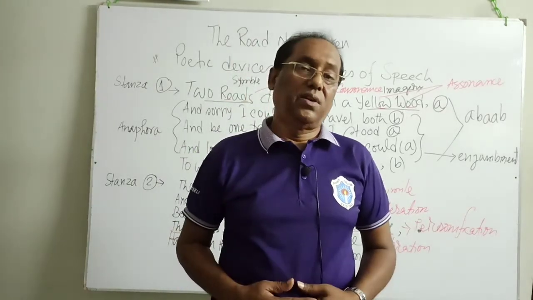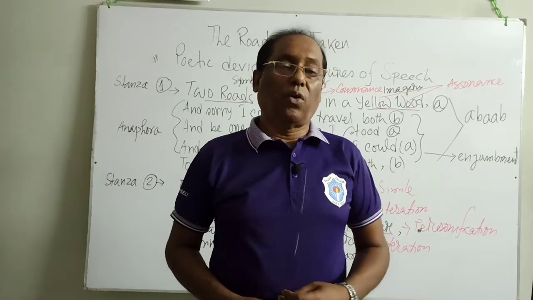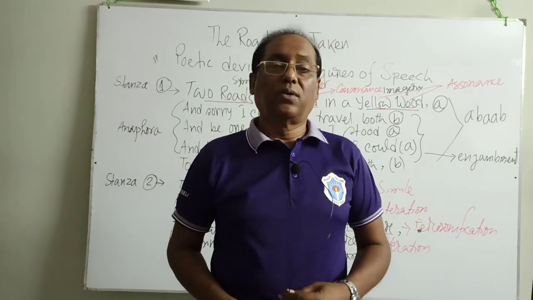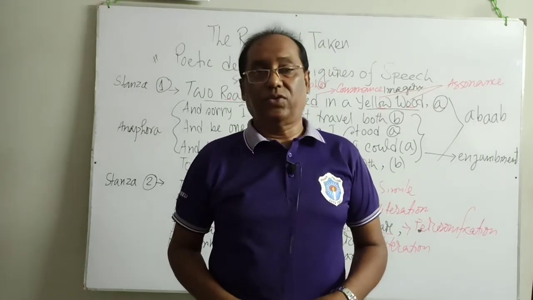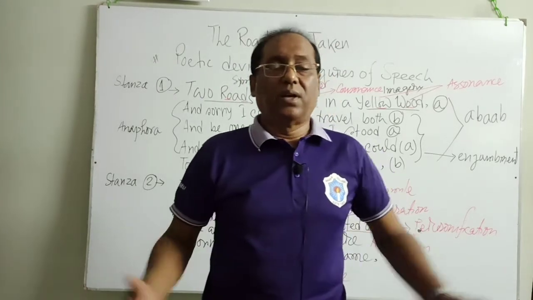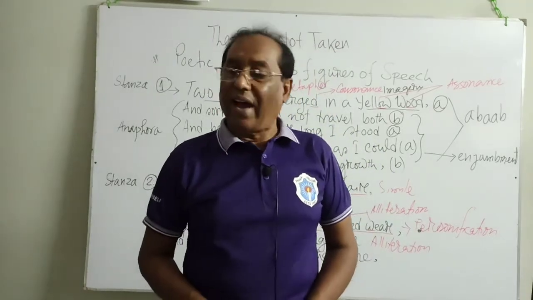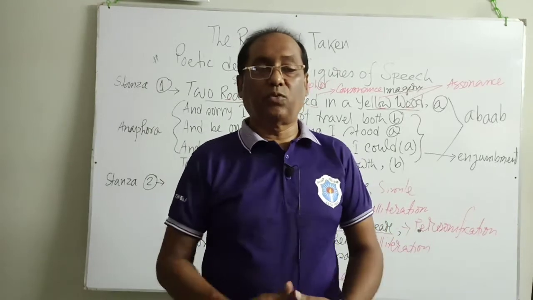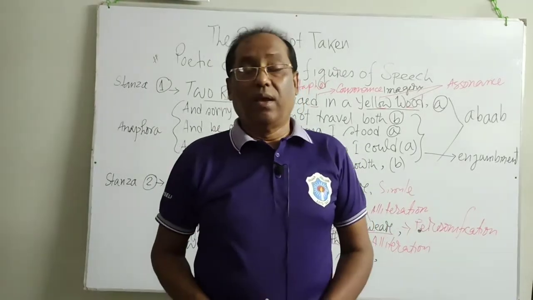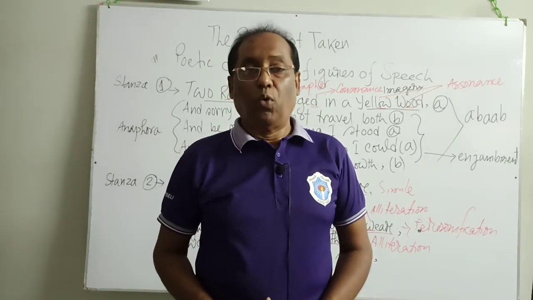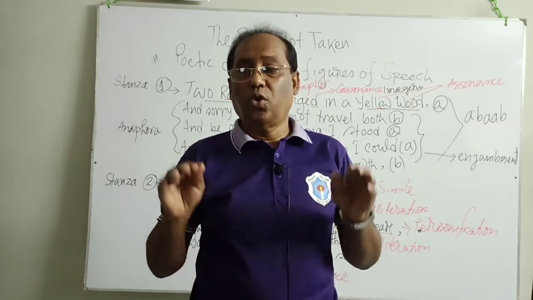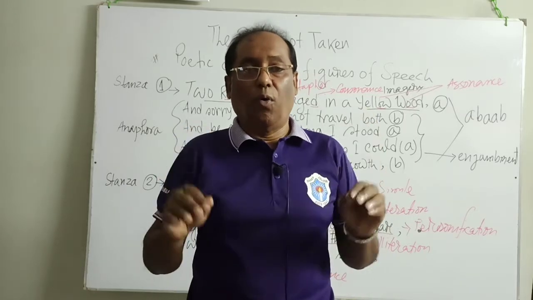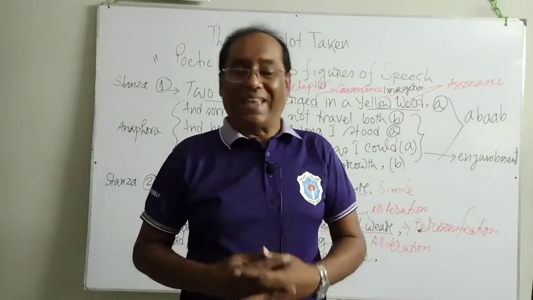That is, the poem contains altogether 20 lines. And what are the poetic devices and figures of speech that we can find in this poem? Please see the board, and I want to show the poem. At first, the first 2 stanzas.